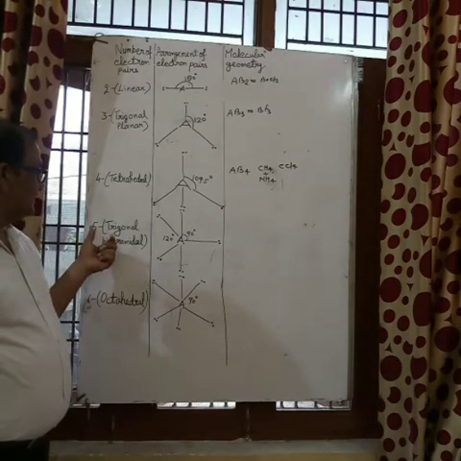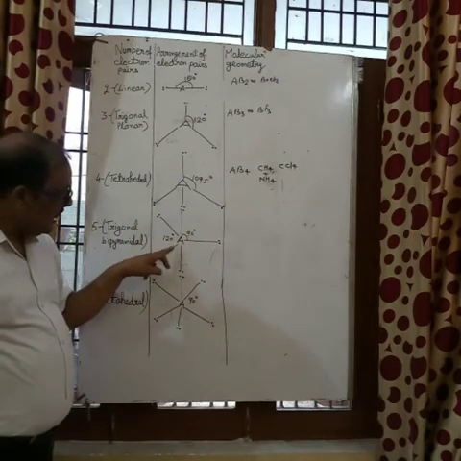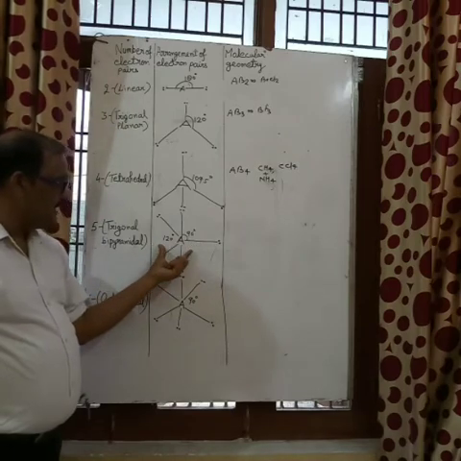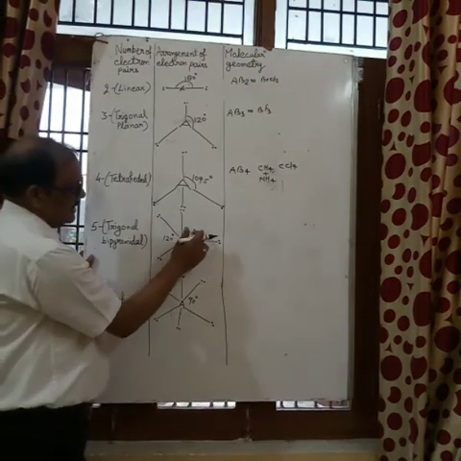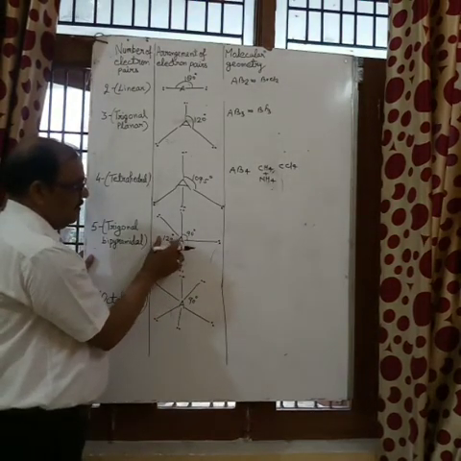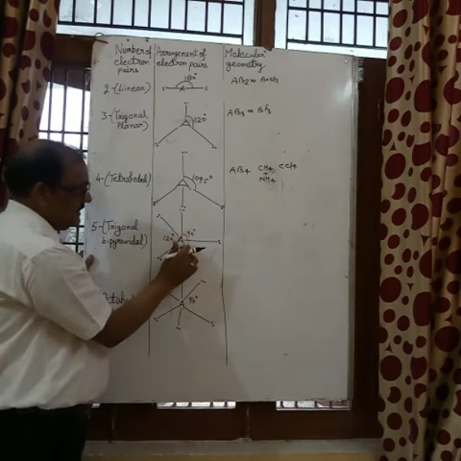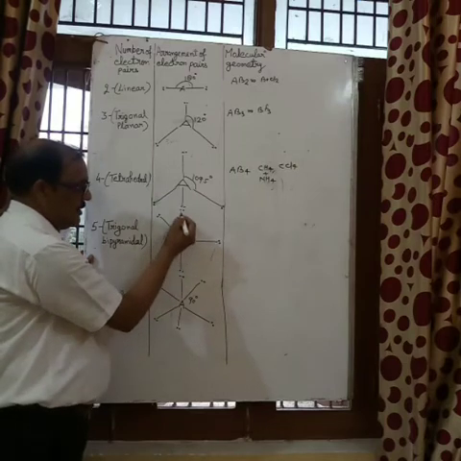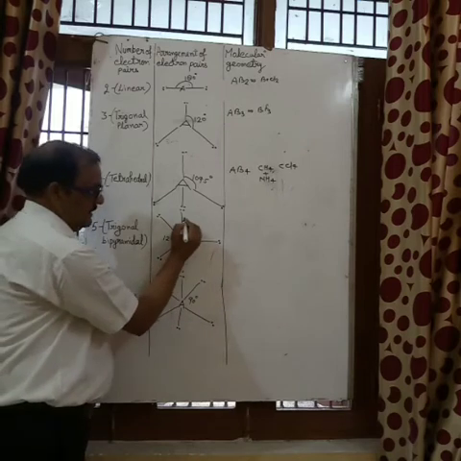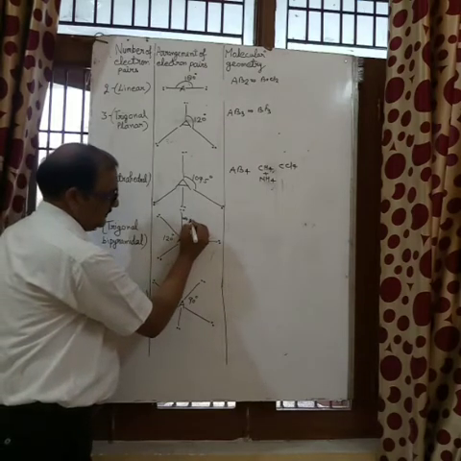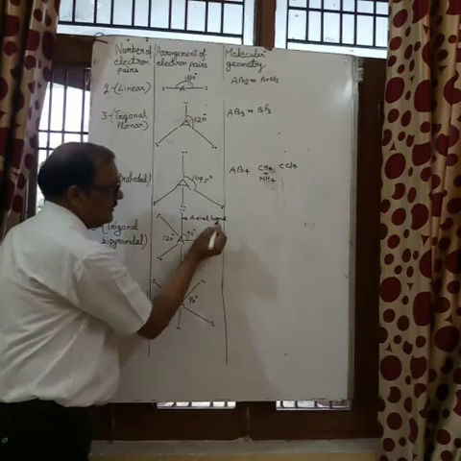And the next case is 5 electron pairs. It means the arrangement of the electron pairs is trigonal bipyramidal. There are 2 different types of bond angle, 120 degrees and 90 degrees. In this case, the bonds present above the plane and below the plane are known as axial bonds.